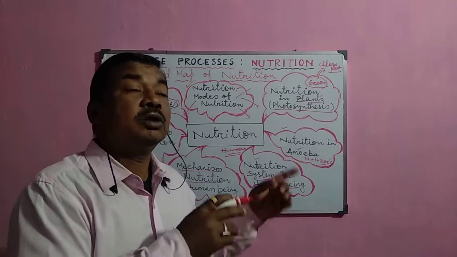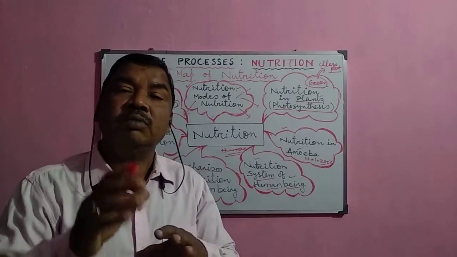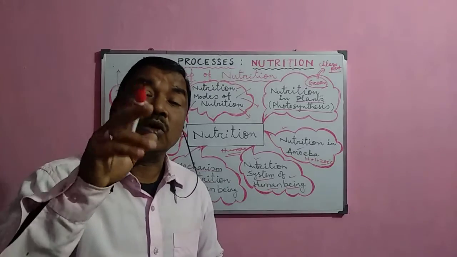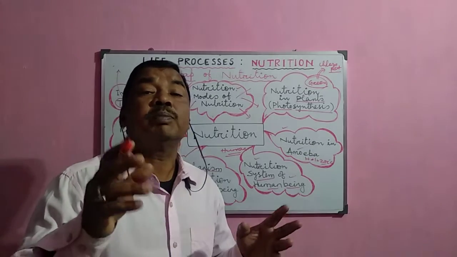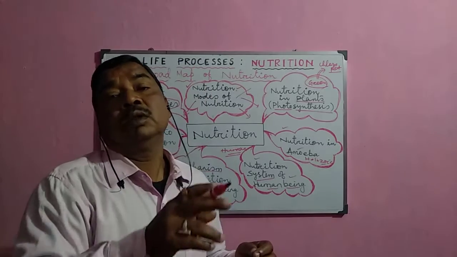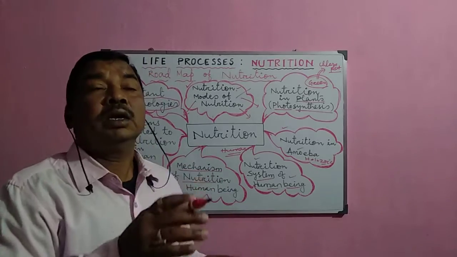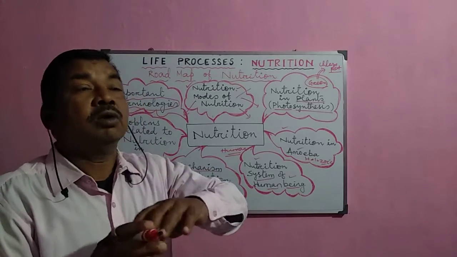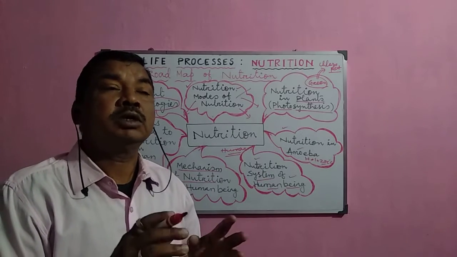But when the food enters the stomach, what are the different enzymes involved there, what is the role of the HCl, what is the role of the mucus, what is the role of the pepsin, renin and gastric lipase, and how they get digested inside the stomach, and how the chyme is formed and how it passes to the duodenum through the pyloric constriction.